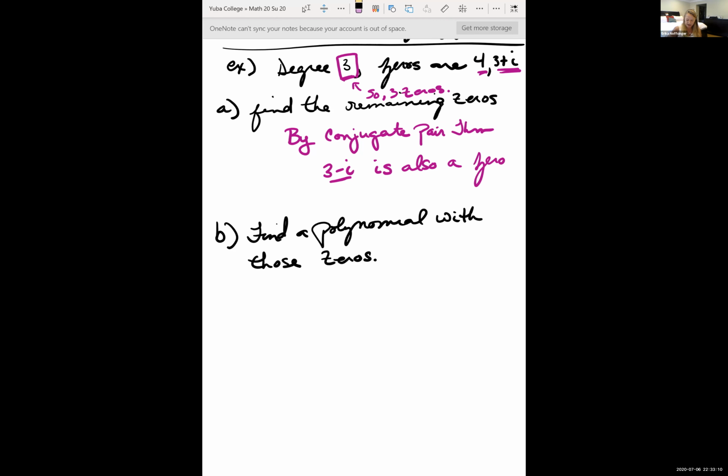Well, if x equals 4 is a zero, then I know x minus 4 has to be a factor. I can do the same thing with my imaginary numbers. If x equals 3 plus i is a zero, let's set that equal to 0.